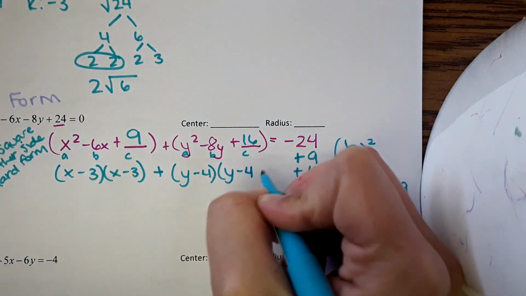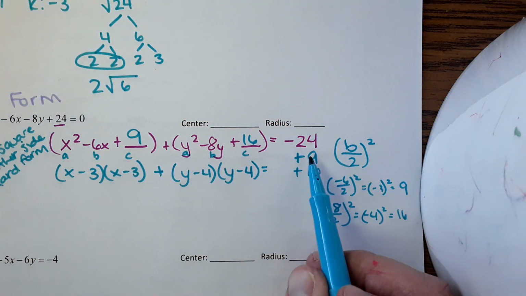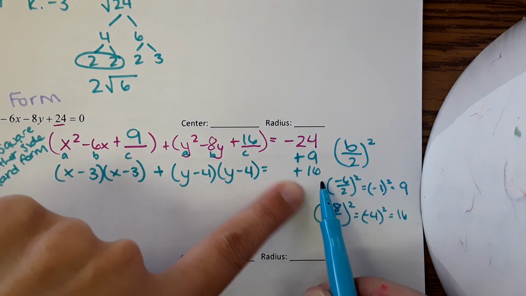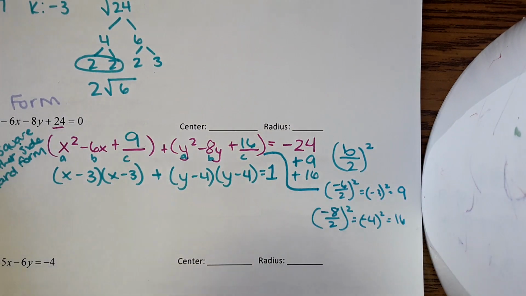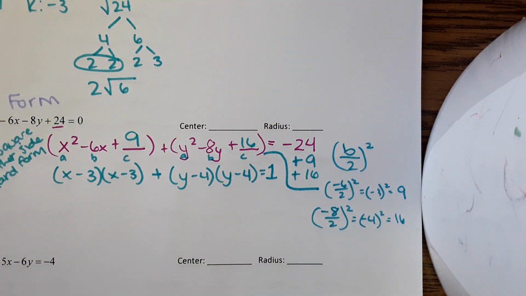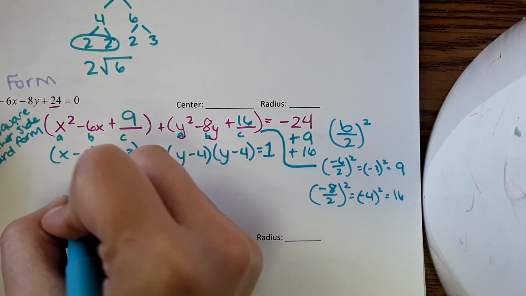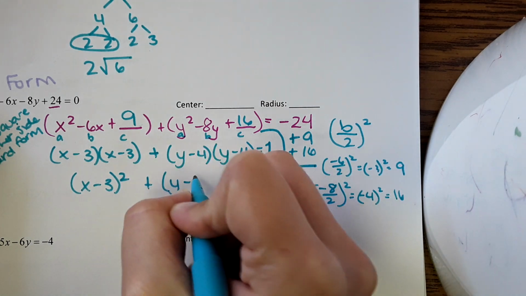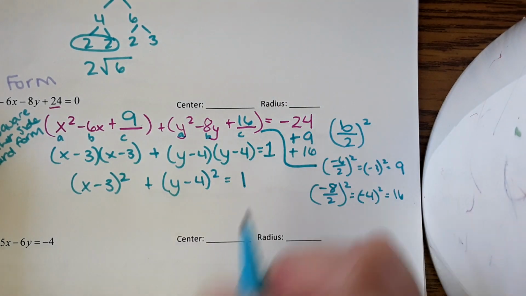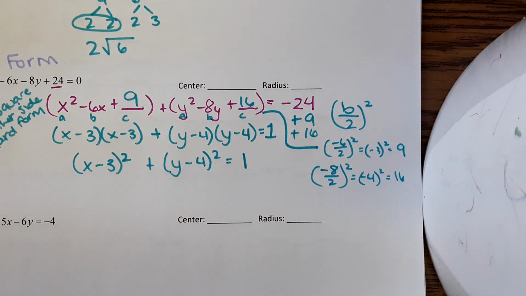Y minus 4 equals -24 plus 25 is going to be 1. And you can probably see where we're going with this now. We have the x minus 3 squared, y minus 4 squared equals 1. And now we can pull out the center and the radius.